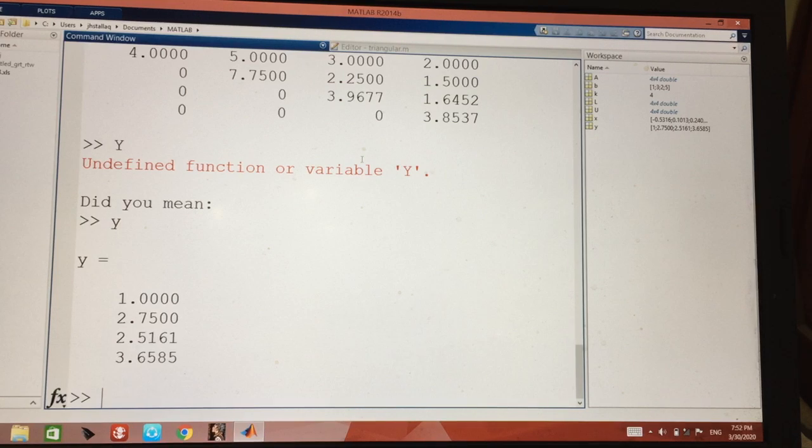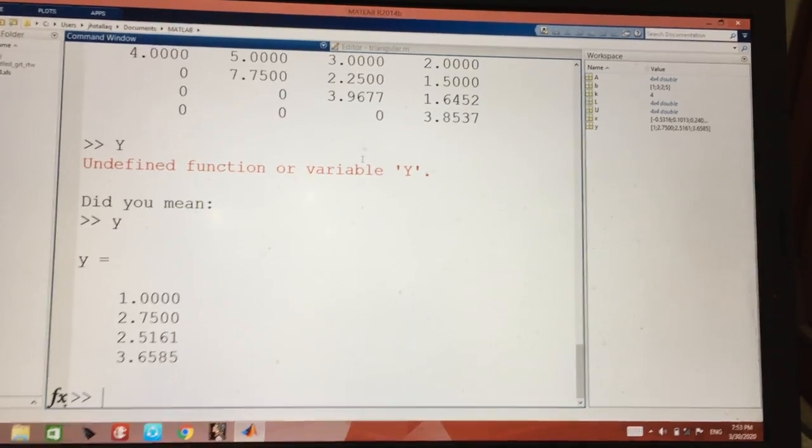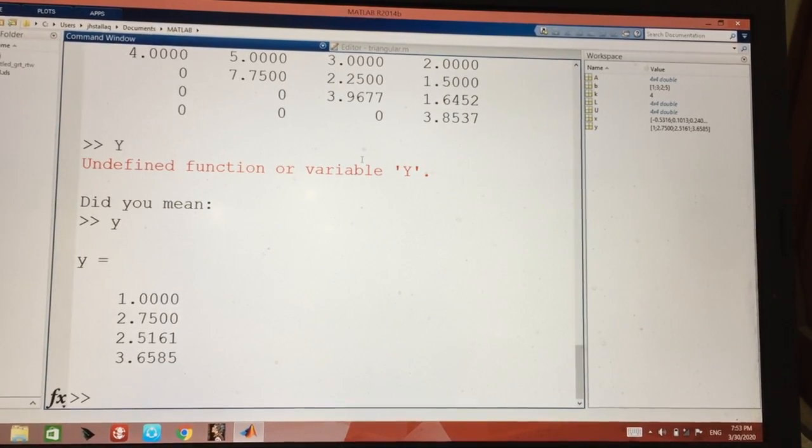And finally, use U times X equal Y. This is a lower triangular matrix. Sorry, let's see, L times U equal A, so we use U. No, this is not right, let me correct that, okay. Here is not U, here is L times Y, okay.